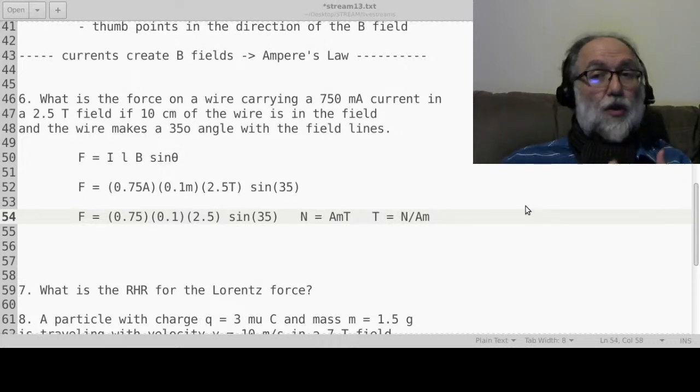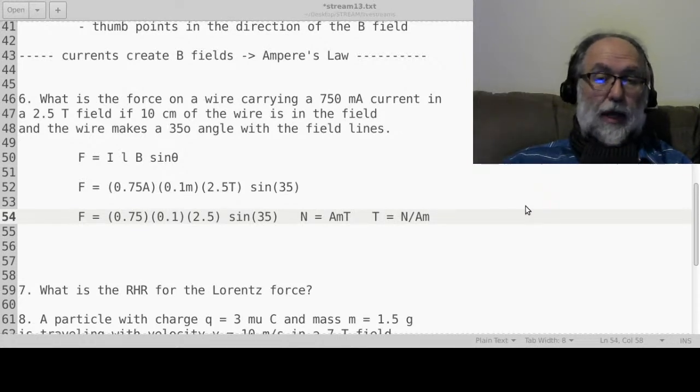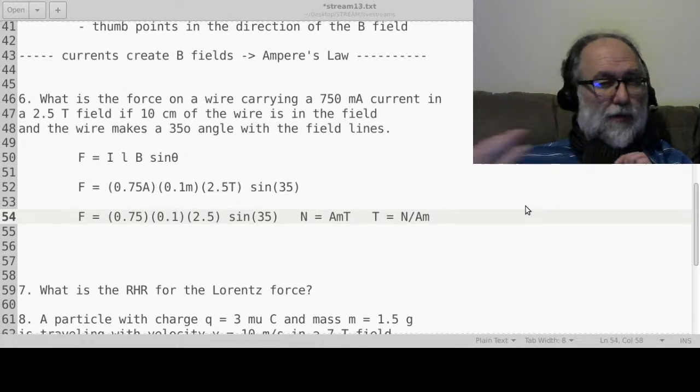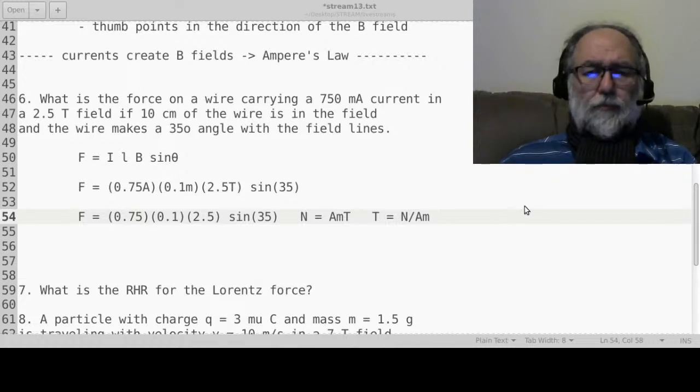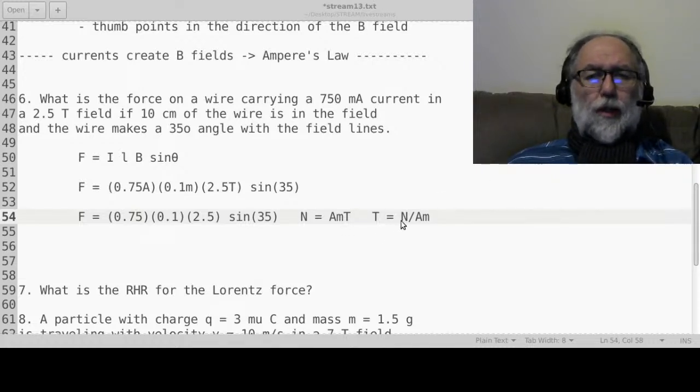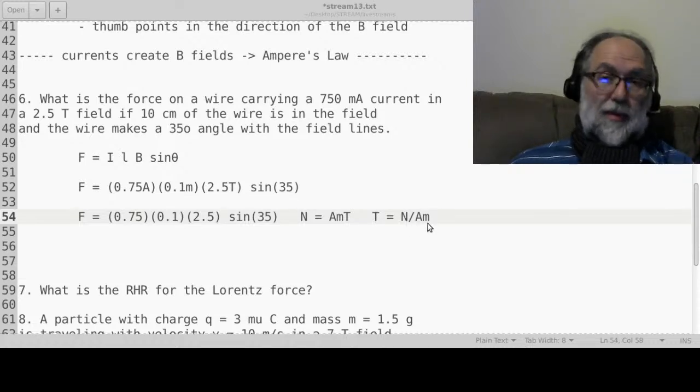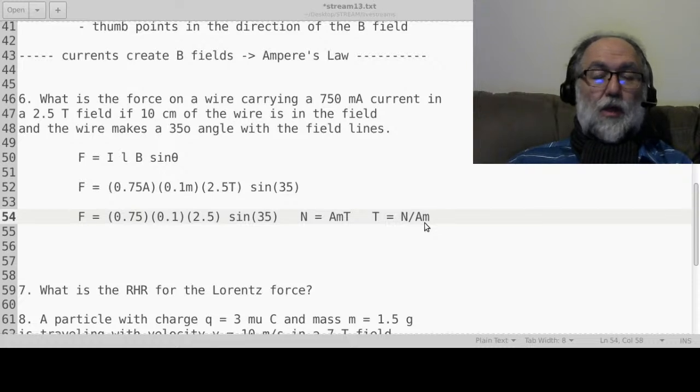For a wire carrying 1 amp in a magnetic field of 1 Tesla, you'll get 1 Newton per amp per meter of that wire. That's the way to say it. So that's how big a Tesla is.